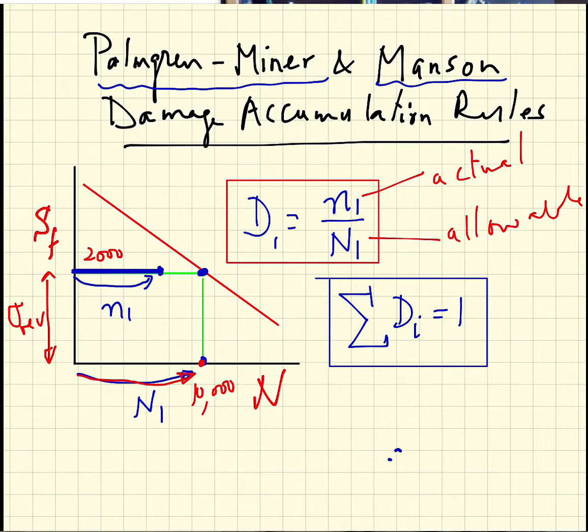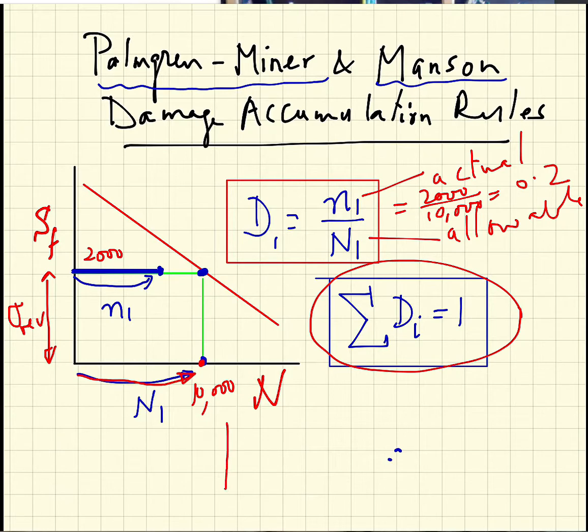So the example that we have will be 2,000 divided by 10,000, and therefore the amount of damage is 0.2. So you can imagine that we can repeat this situation for another level of amplitude and find a different damage fraction, and therefore the sum of all the damage fractions should be equal to 1.